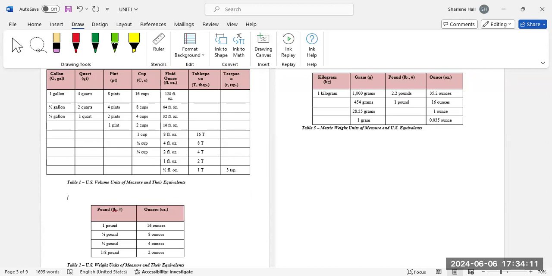How many teaspoons are there in 1/8 of a cup?